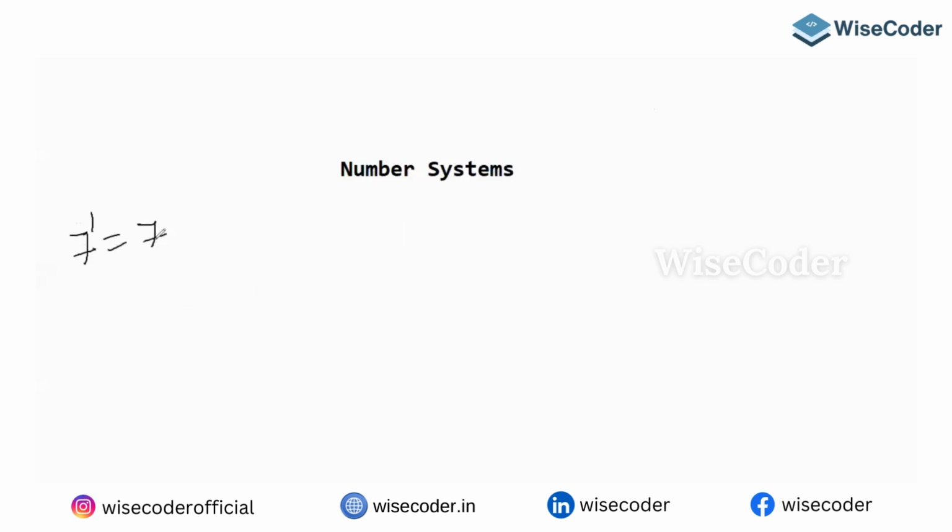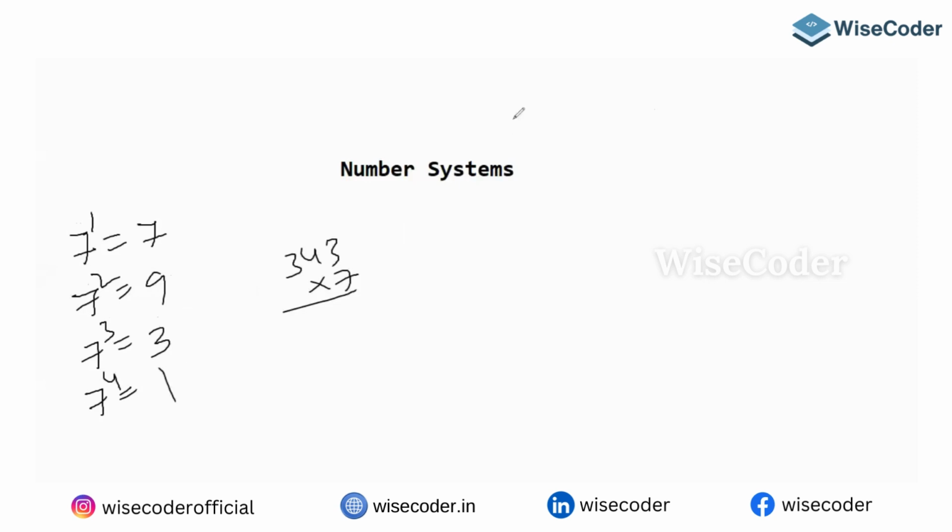Let's talk about 7 power 1. 7 power 1 is 7. 7 square is 49. 7 cube is 343. 7 power 4, 343 into 7. 7 3s are 21.